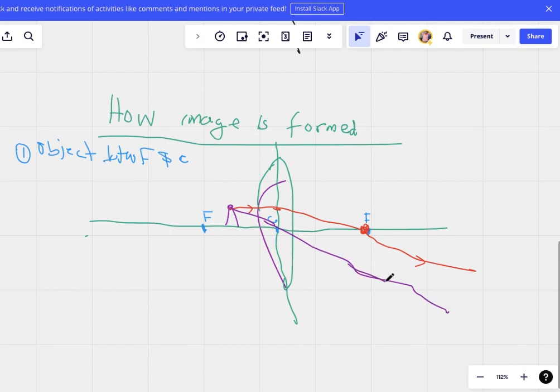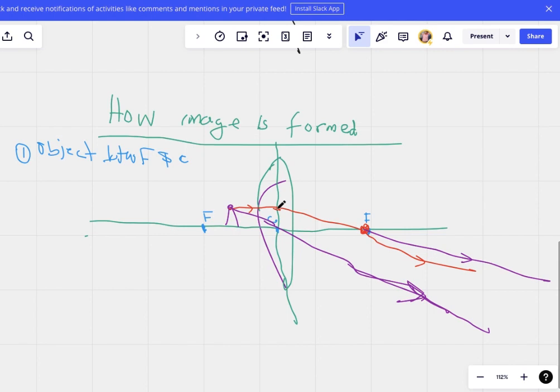This one is going this way, and this one is going this way. They will not meet. They will keep going apart. This one is the wrong one. Okay, this is the correct one. They will not meet.